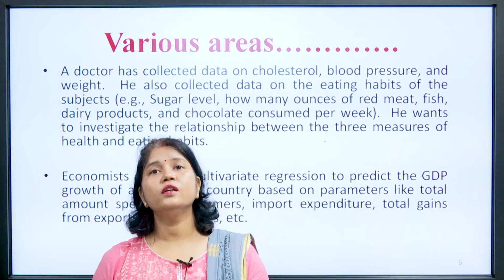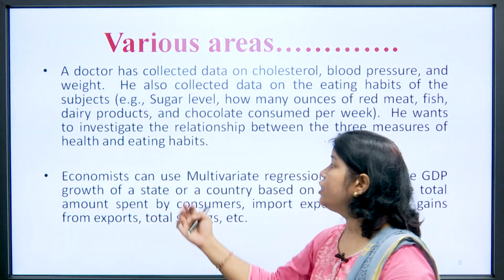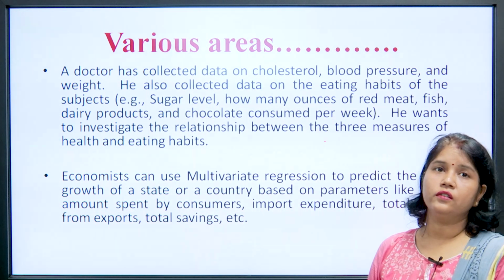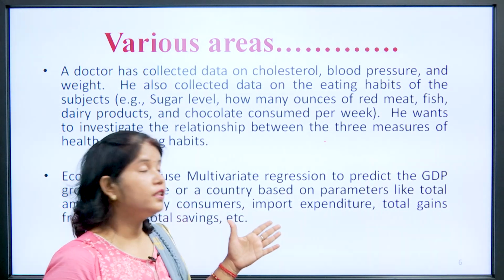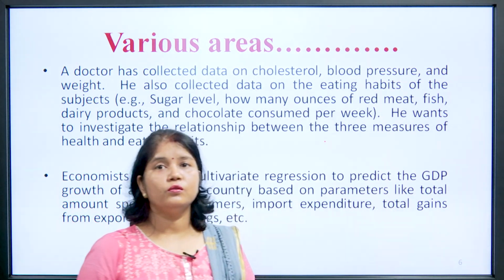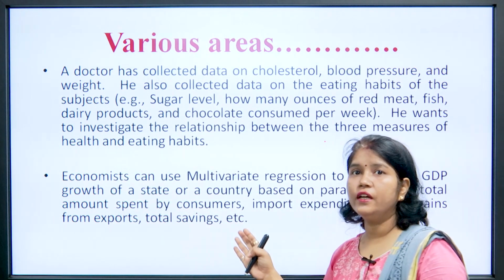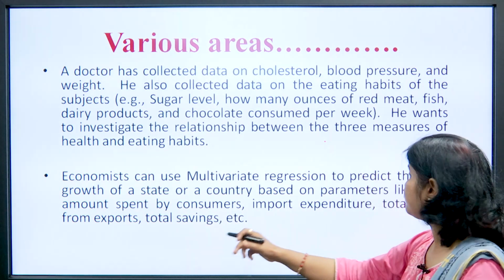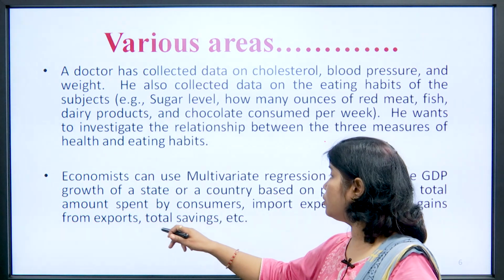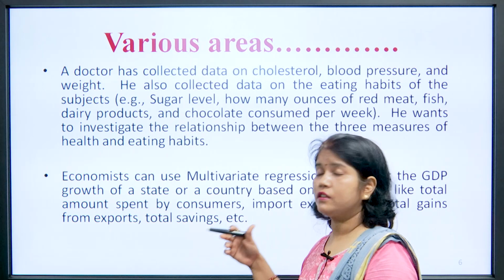And one more area you can see: economists can use multivariate regression. How? For what? To predict the GDP growth of a state or country based on parameters like gains from export, total savings, and so many other factors.